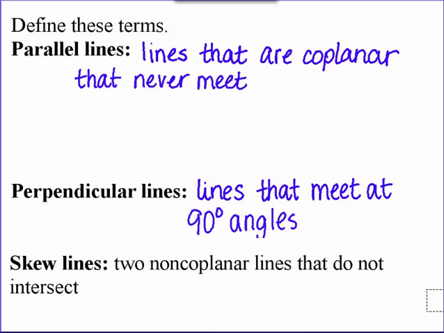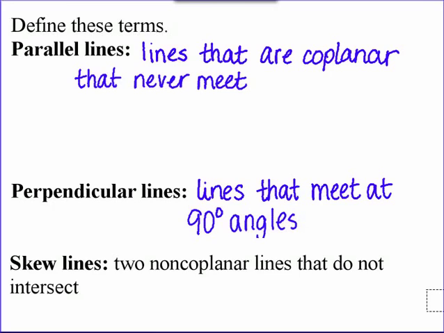They are two non-coplanar lines that do not intersect. So that would be the baseboard, and that would be the part on the ceiling. Those would be skew lines. So we have parallel lines, perpendicular lines, and skew lines.